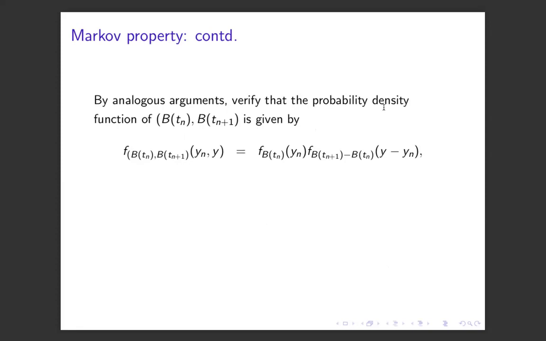Verify that the probability density function of the two-dimensional random variable Btn and Btn plus 1, the joint density at Yn comma y, is f Btn at Yn multiplied with f Btn plus 1 minus Btn at y minus yn. We are taking just two time points. Only thing is we are calling the time points Tn and Tn plus 1.